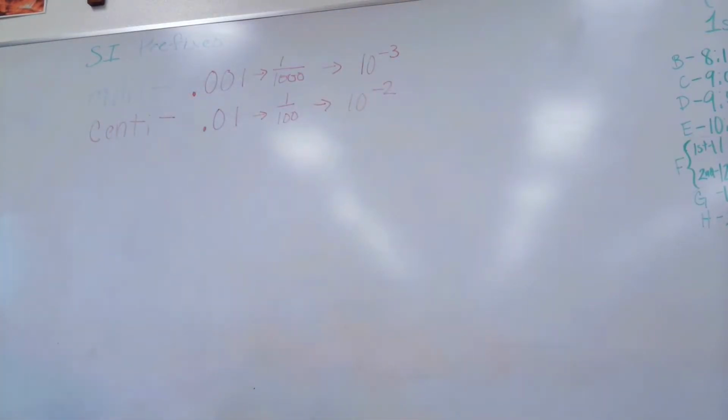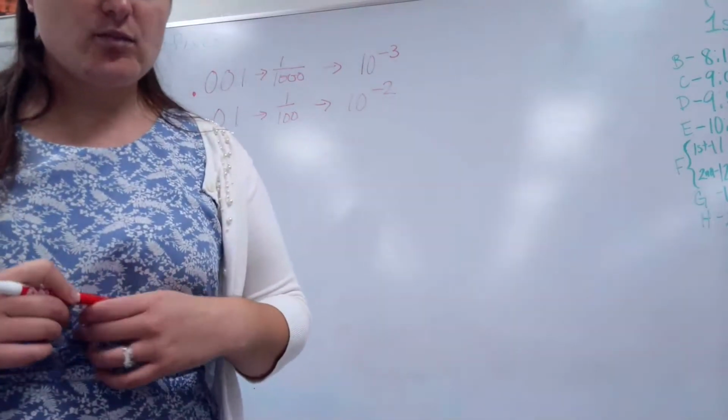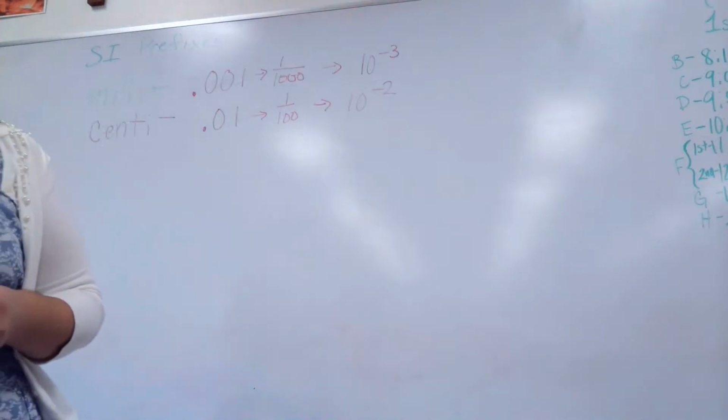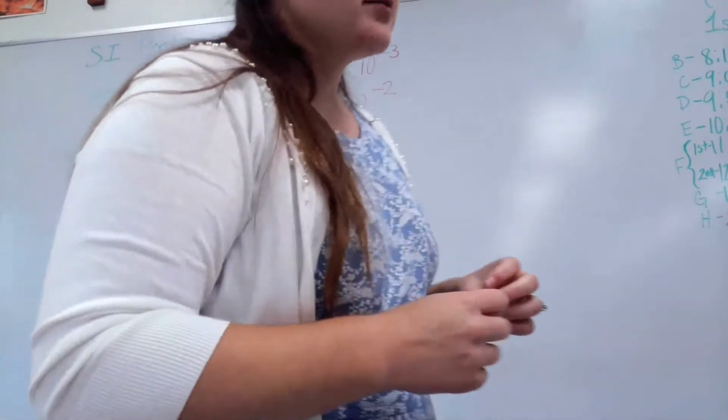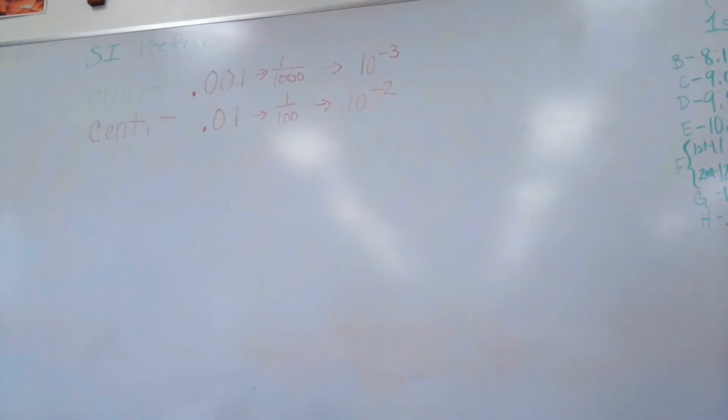It's probably one that you're very familiar with. The next one, so there is one for 1/10. We already talked about it a little bit, a decimeter, right? That was our measure of a liter. I'm not going to write that one down because I don't need you to memorize that one, but you should know that it exists.